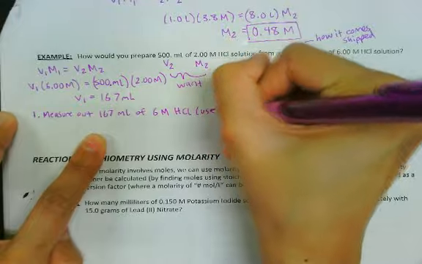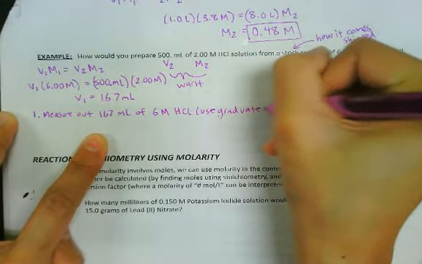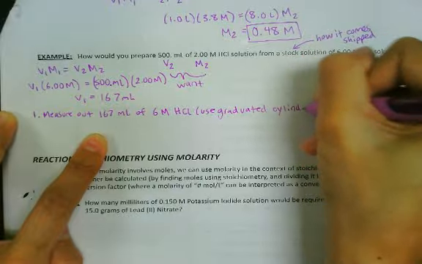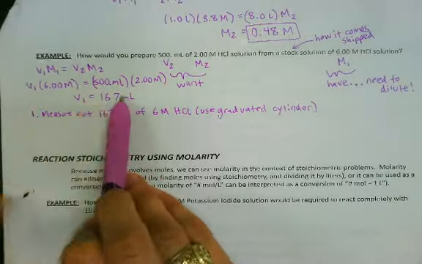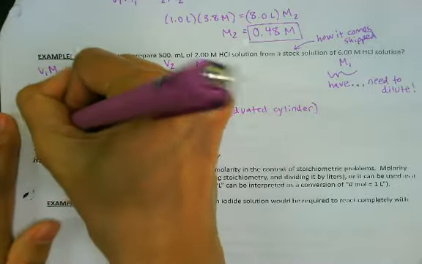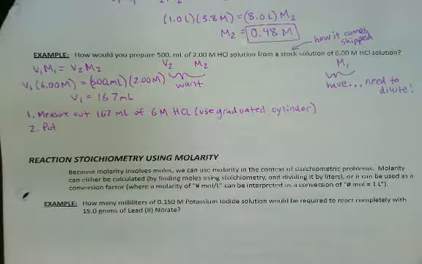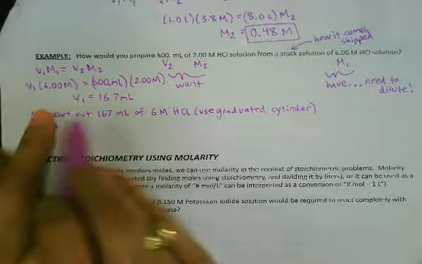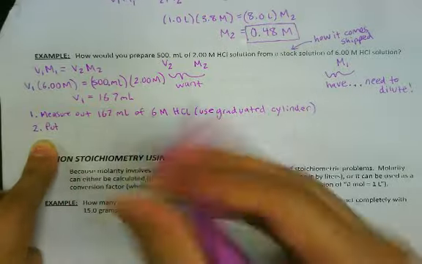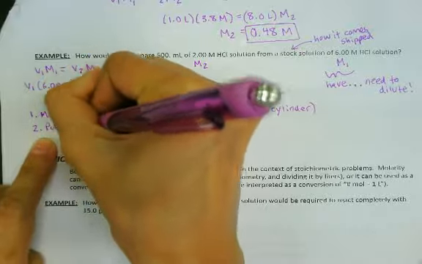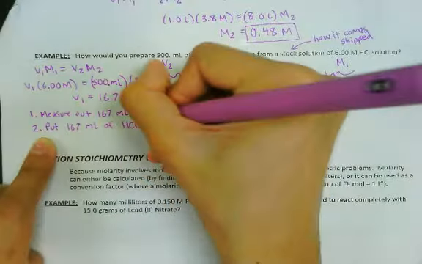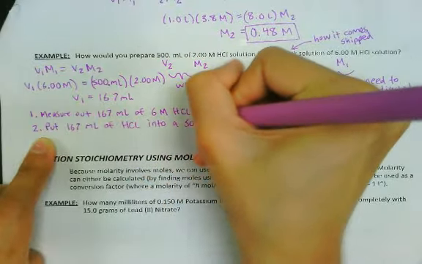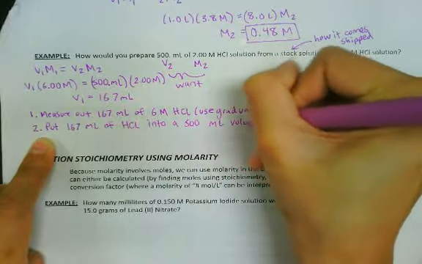I could do that with something like a graduated cylinder. Once you have measured out that amount, similarly to how we talked about making solutions earlier, you are going to put that amount of 6 molar HCl into a 500 milliliter volumetric flask.